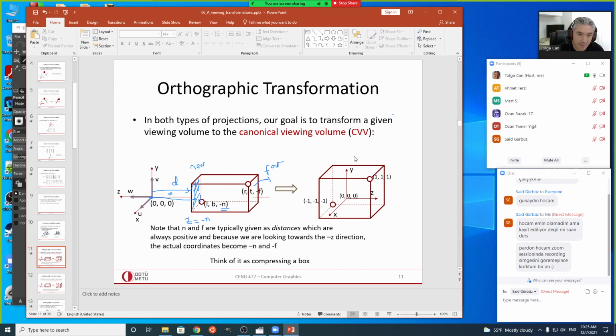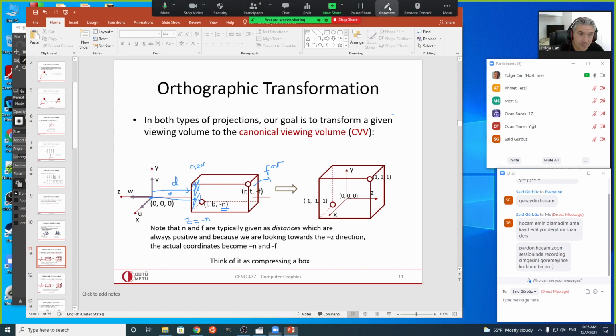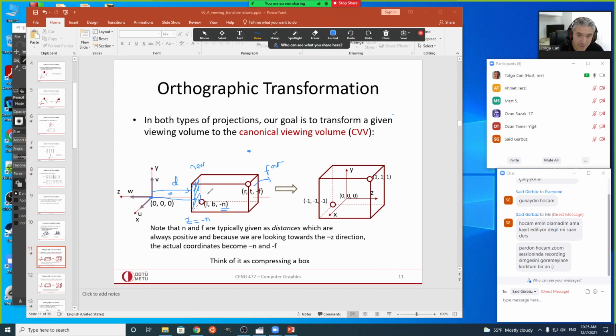If there are objects that are outside here, after the orthographic transformation, they're still going to be outside, but their coordinates will be, for example, its y coordinate will be greater than 1 if it's something outside.